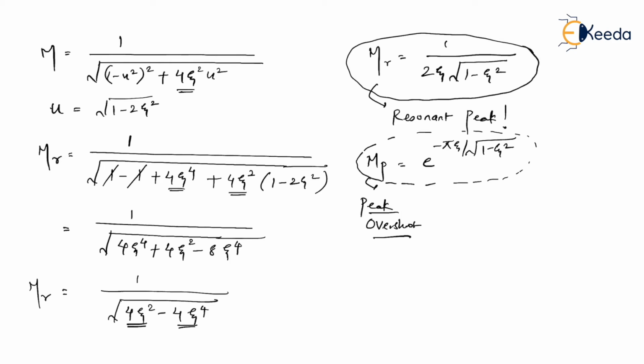Because if the maximum value exceeds the limit, then it may burn out your system. And if you want it not to happen, then you should provide what? Insulation. So the aim of calculating peak overshoot in time domain is to basically build a proper insulation.